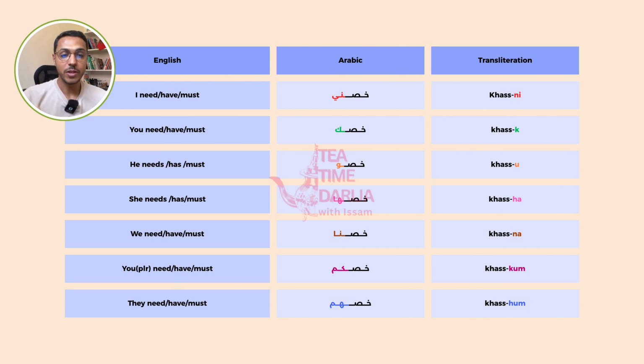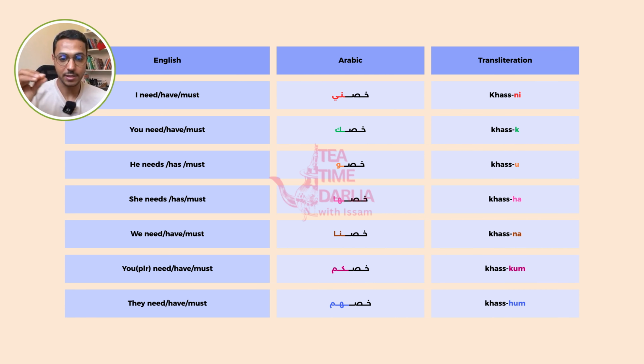If you want to say you need to, you have to, you must, you'd say khas with a k at the end: khaasak, you have to. He needs, he has to, he must, you'd say khaaso. She needs, she has to, she must: khasha.